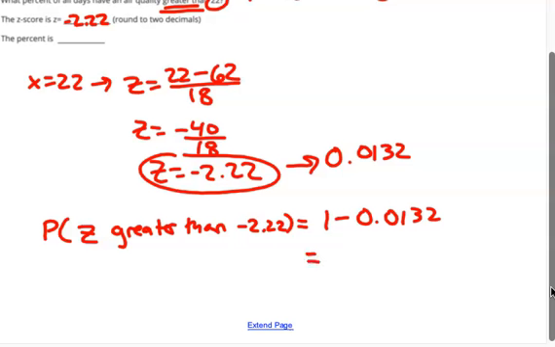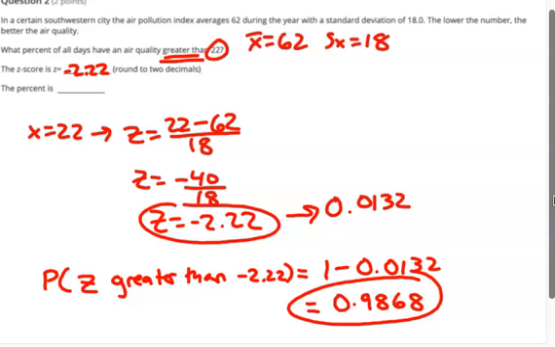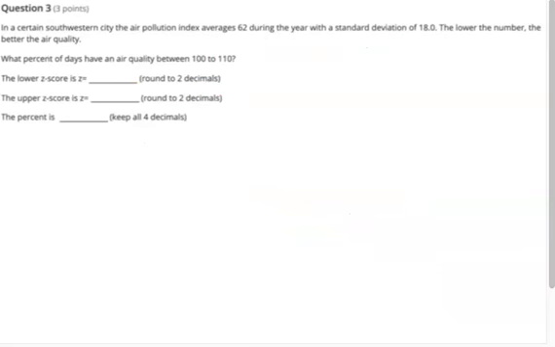So 1 minus our answer would give us 0.9868, or 98.68%. Okay, the percent is 0.9868, or 98.68%. So that's a really low air quality, so we should have a high percentage of the time that we have a Z score greater than that.